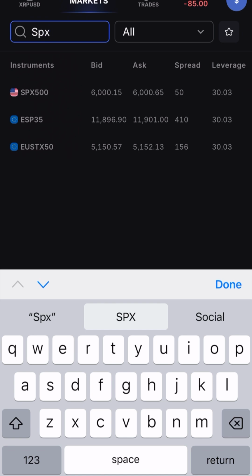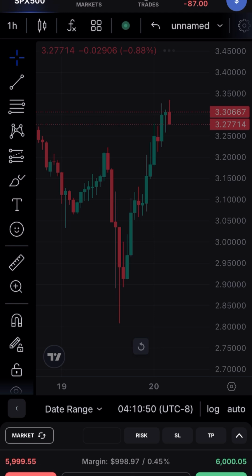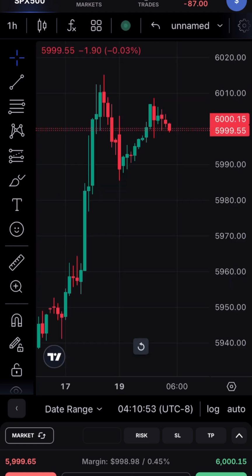When you want to trade SPX, you just go here to your markets and you type in SPX. So we want to click on SPX. Now, one thing I like about SPX is you can trade SPX, or you can trade SPY even in the off hours. The only time you can't trade on Forex here is on holidays and when it closes down on Fridays.